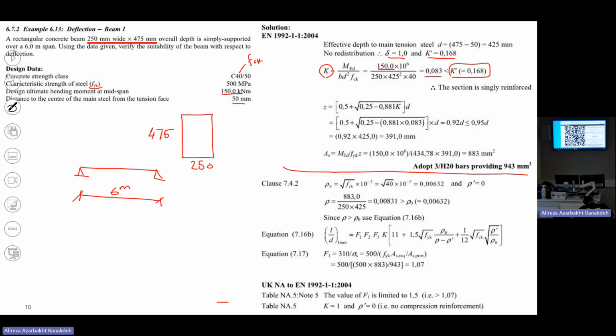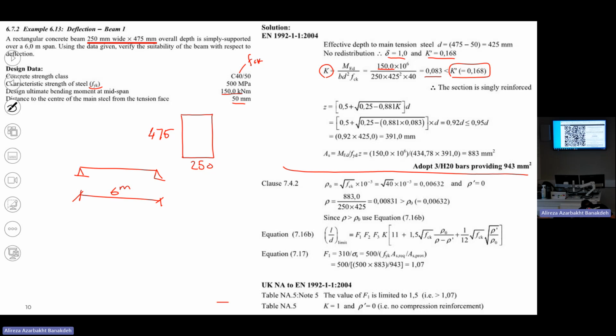You go for single reinforcement. And if it's not, your K is more than K prime, you have to go for double reinforcement, right? This was the main idea of designing a reinforced concrete beam or slab.